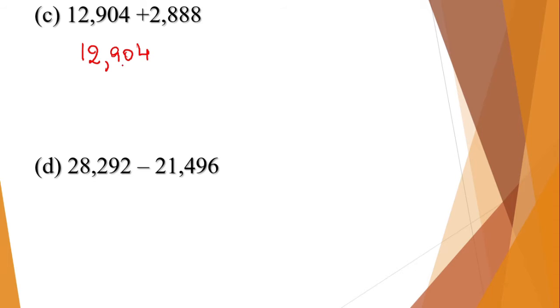Now the first number which we have is 12,904. Now we should circle 2 because it's in 1000 place. And we should circle 9 because it's next to 2. And now we should check 9 if it's in the first group or second group. Now in the first group, we have 1, 2, 3, 4.